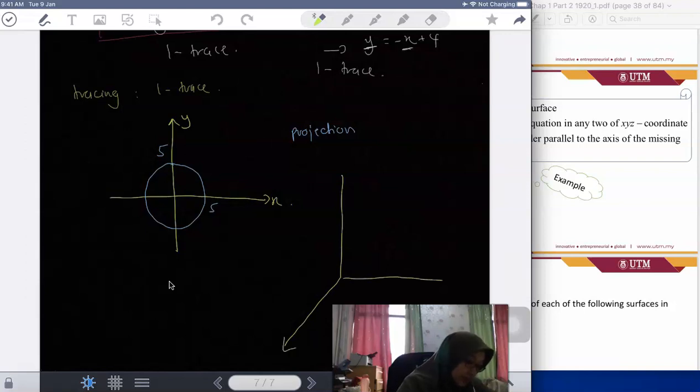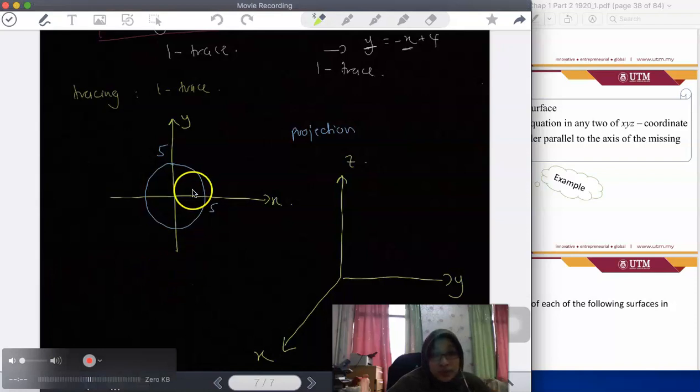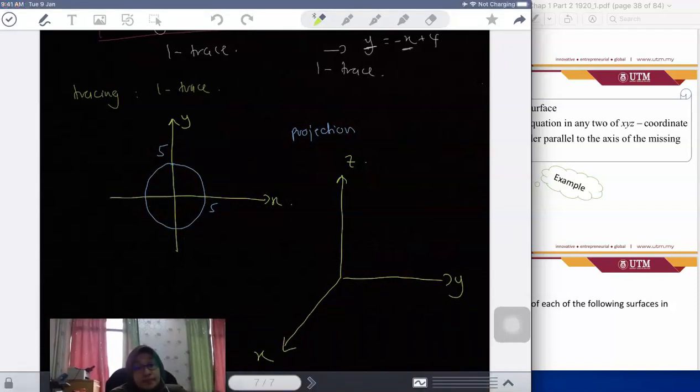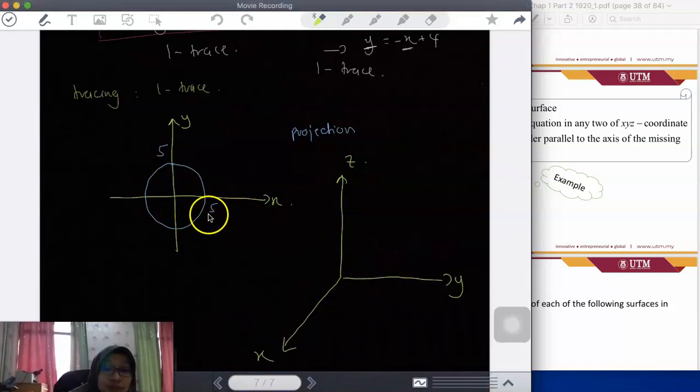So let's say this one is X and this one is Y and this one is Z. Okay, so could you please draw for me where is the blue line here on this 3D system? So this one is lying on Y-axis, so should be down here when Z is equal to 0, because there is no Z here, meaning that Z is equal to 0.